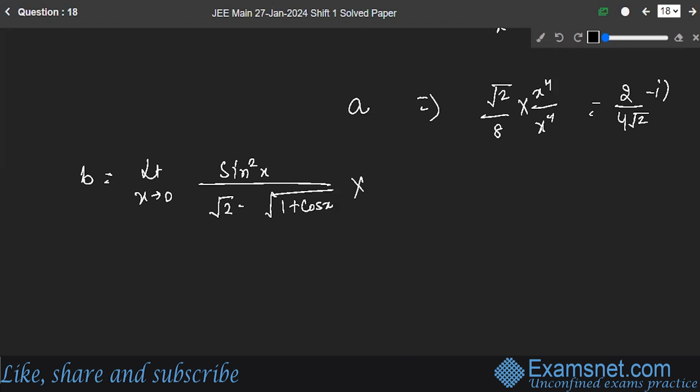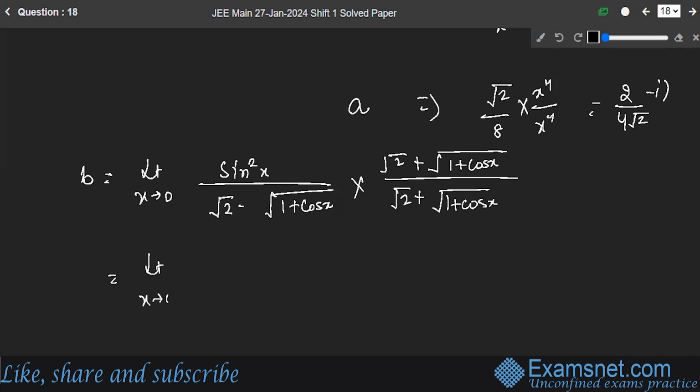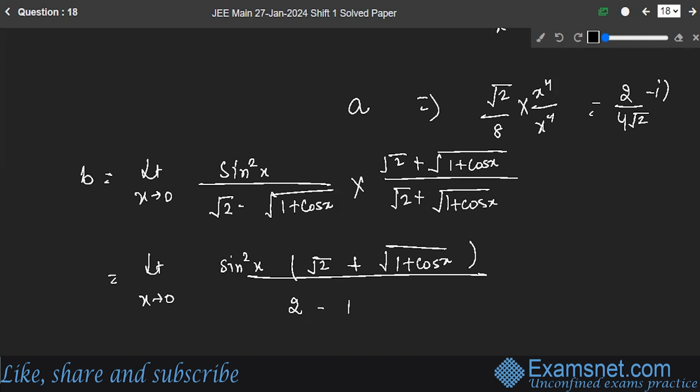I'll multiply the numerator and denominator by this, into root 2 plus 1 plus cos x, divided by this, which will be a square minus b square.